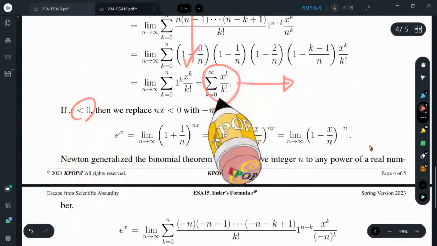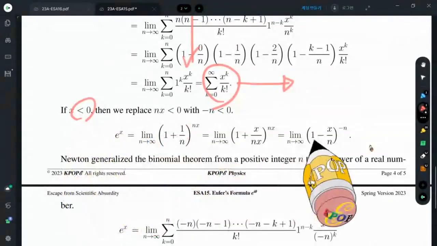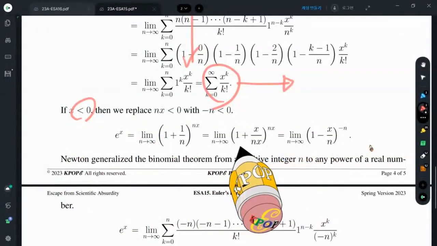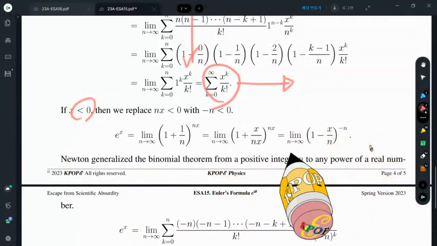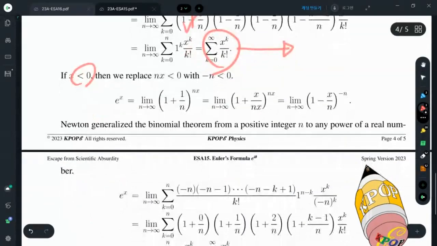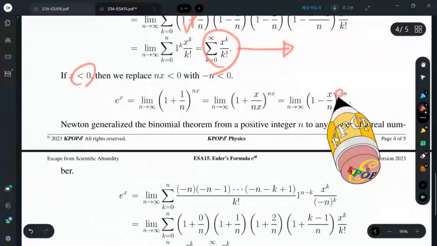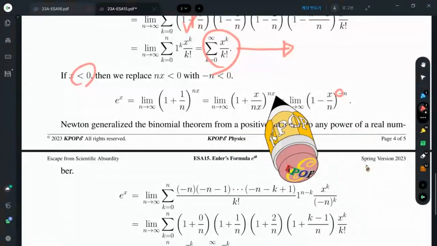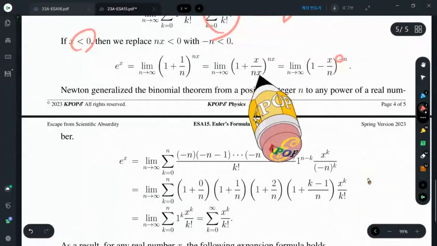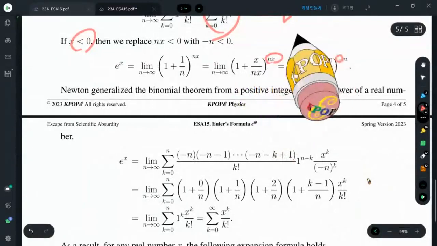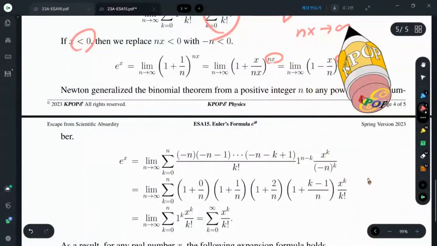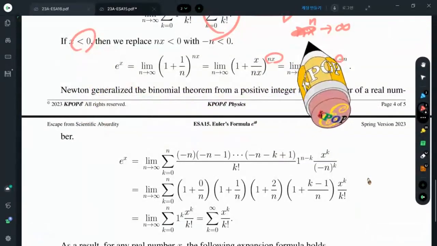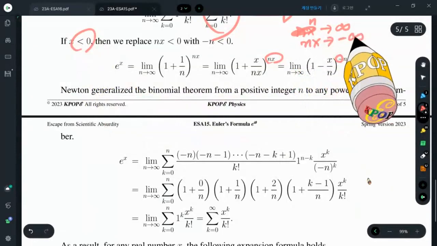We can extend this idea to the negative value, and in that case, I can replace this one with this kind of expression. As you know, our power becomes negative, and this is x over x, but we know n goes to infinity, because x is negative, nx goes to minus infinity.